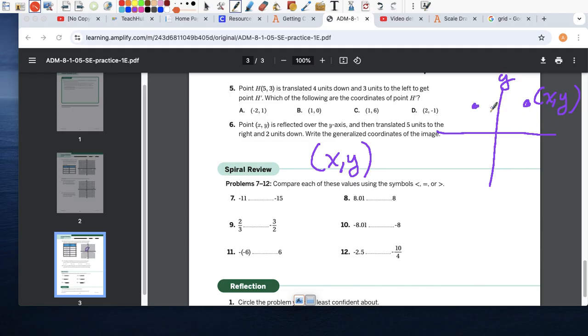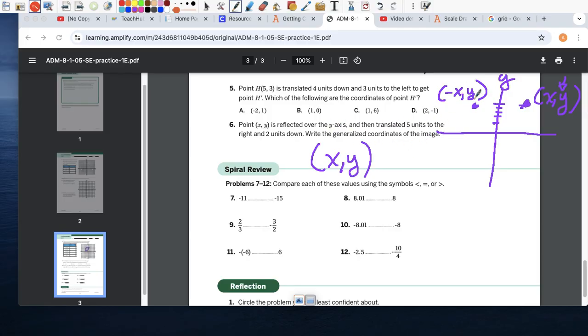Well, are we on the same floor? 1, 2, 3, 4. Are we still on the 5th floor, for example? Yes. So that means the y does not change, but the x changes. It can't be the same x because this is positive and this is negative. So if we reflect it, it would get me to this, negative x, y.